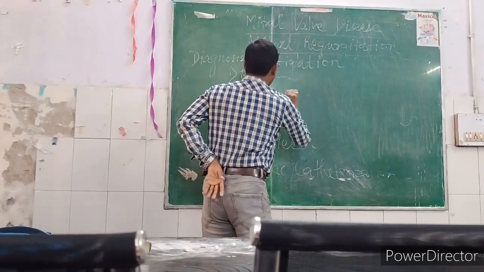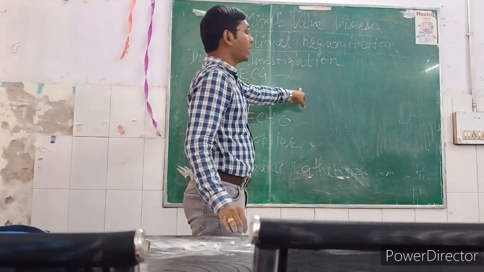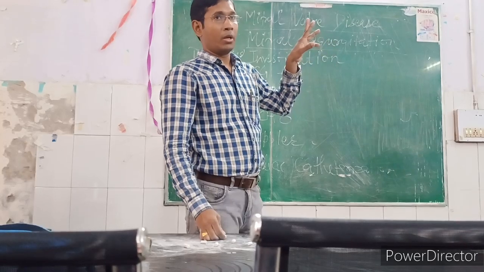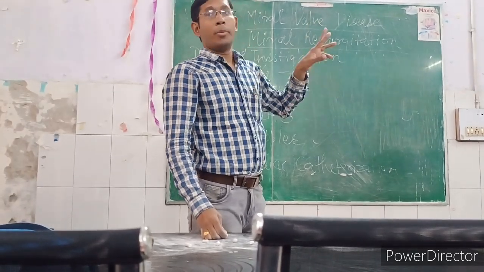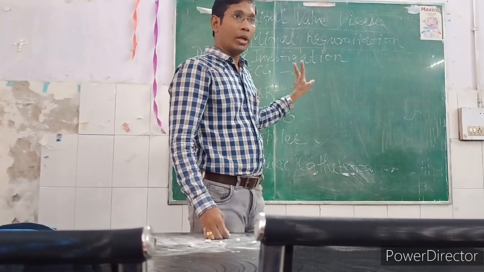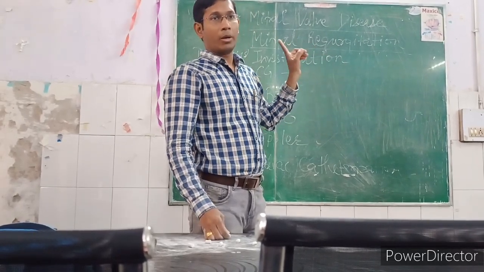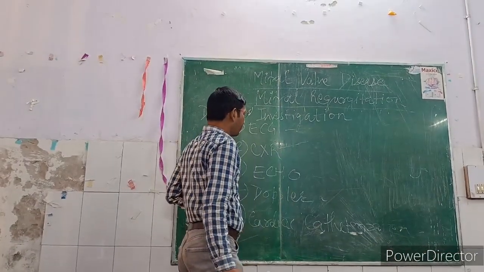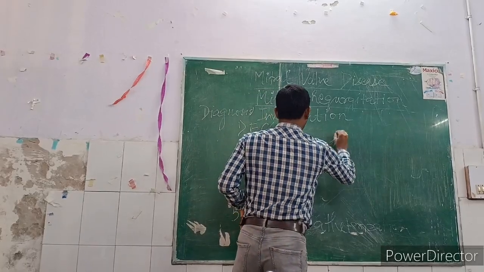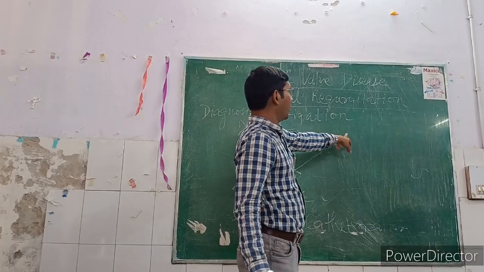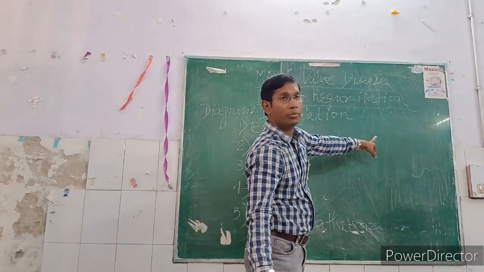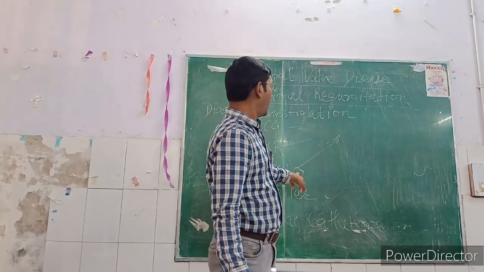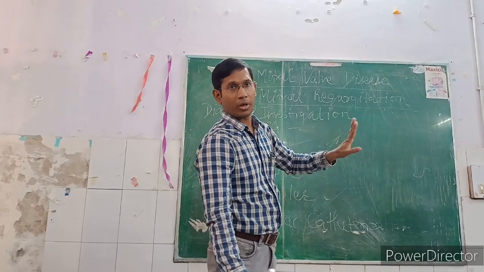In chest X-ray, we will get an enlarged left atrium, an enlarged left ventricle, signs of pulmonary venous congestion and even pulmonary edema. These are the four important findings in chest X-ray. In echo, we will get an enlarged left atrium, an enlarged left ventricle, a dynamic left ventricle, and structural abnormalities of the mitral valve.